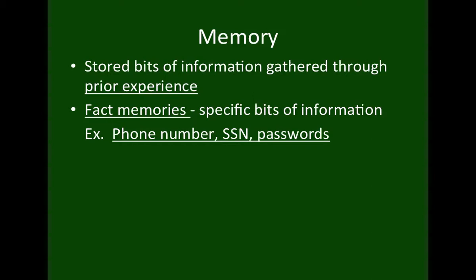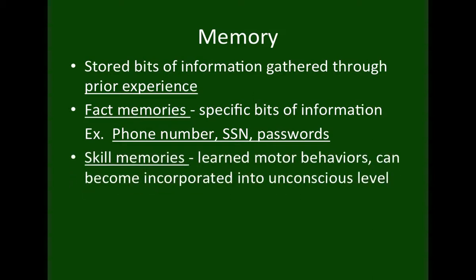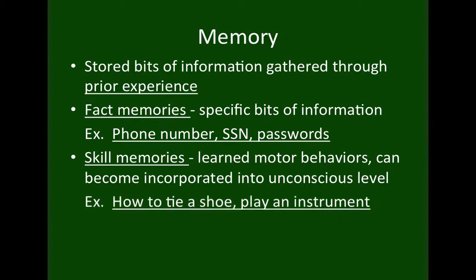We're not talking about duration here at all. Versus skill memories. These are learned motor behaviors that can get incorporated eventually into an unconscious level. Things like writing, eventually it is a learned motor behavior that you don't have to think about, you just do. Other things are like tying a shoe or playing an instrument.